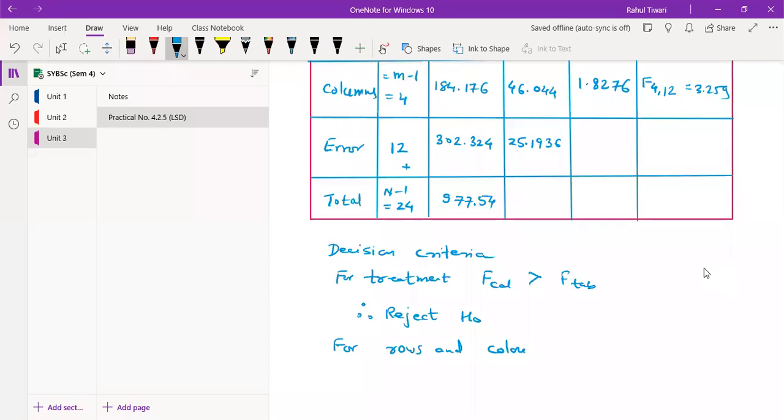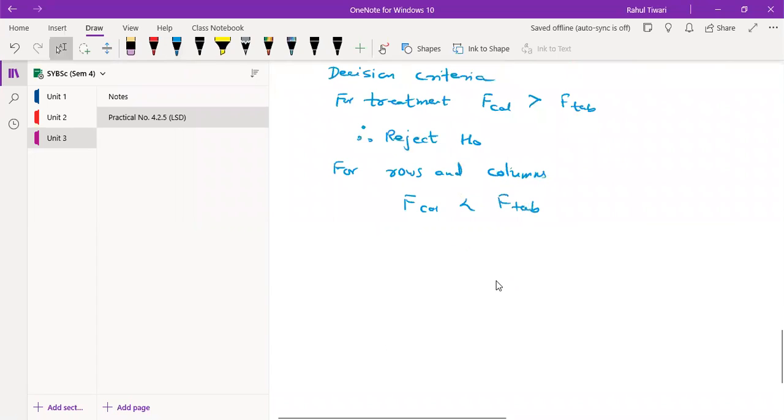So I'm just writing together. For rows and columns, F cal will be lesser than F tab. Therefore, we do not reject H naught.